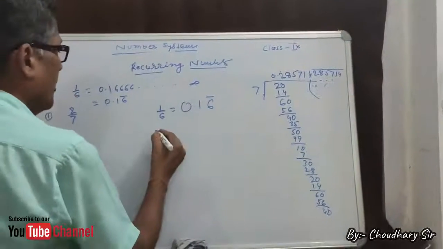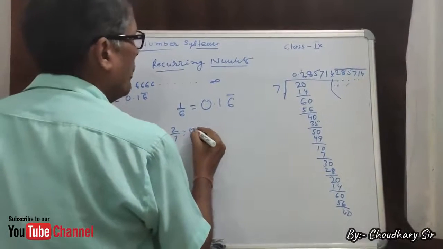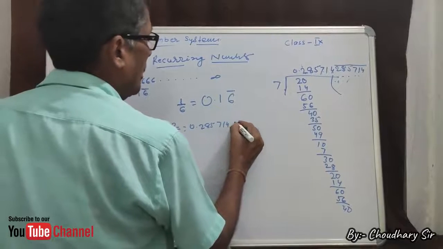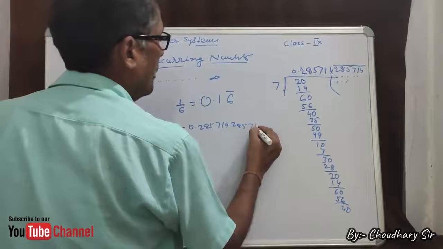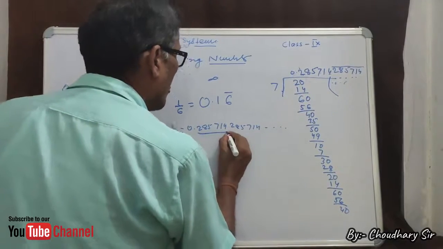So we can write here 2 by 7 equals 0.285714, 285714 and so on. Only from 2 to 4 is repeating.